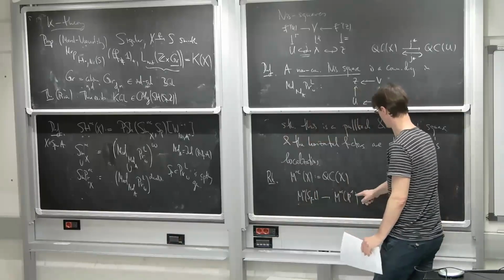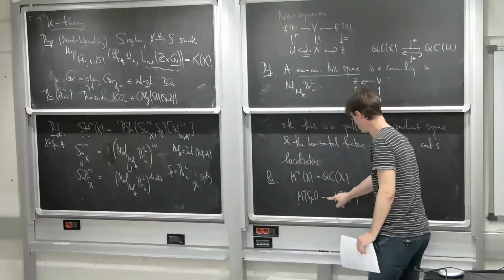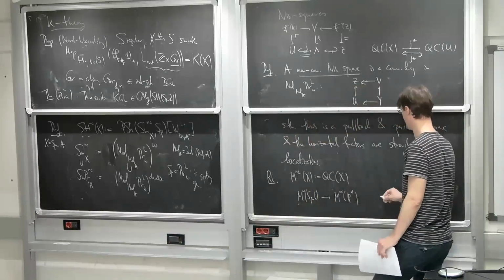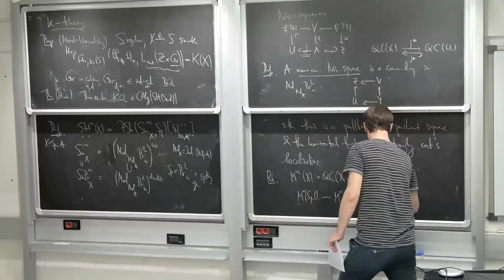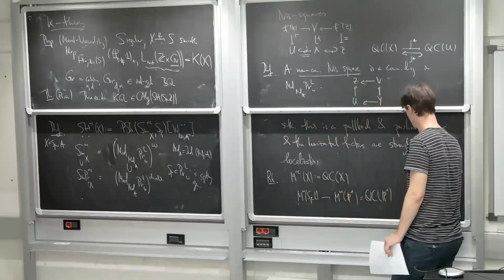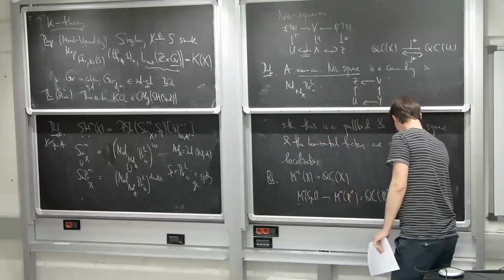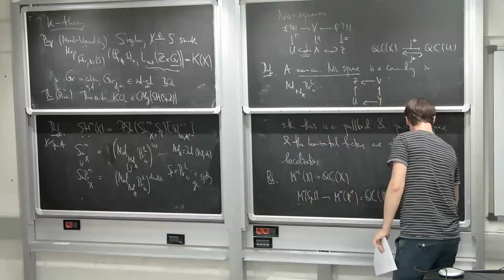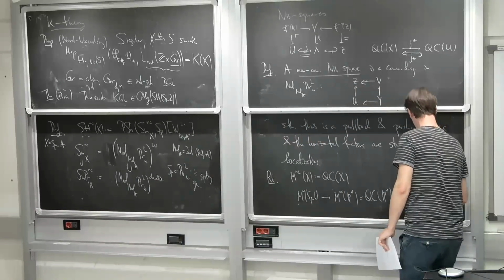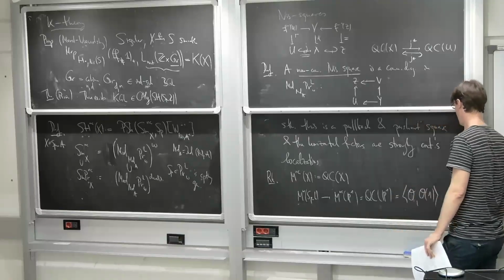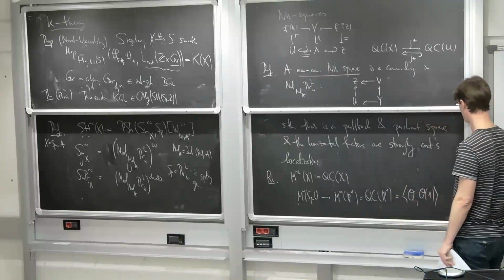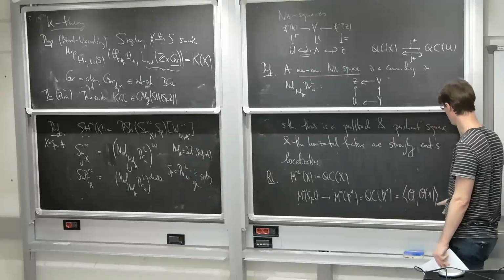So what is that? Here we talk about sheaves on P1, and here we talk about sheaves on a point. And the fact is this category is generated by O and O(1), as a category.